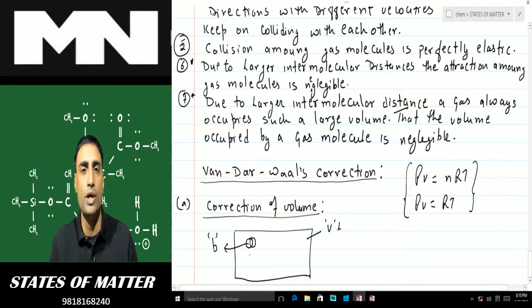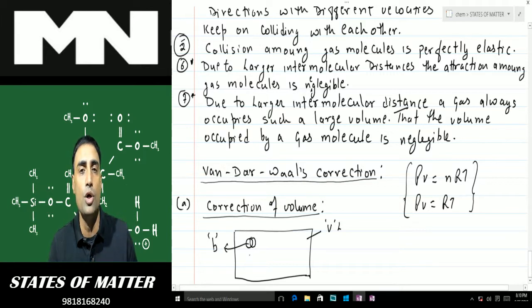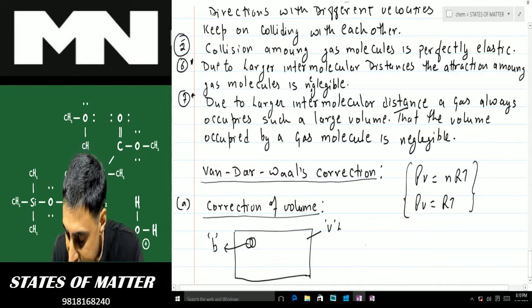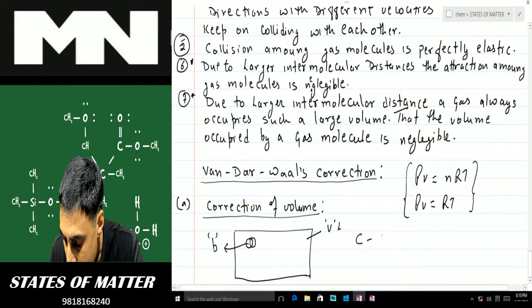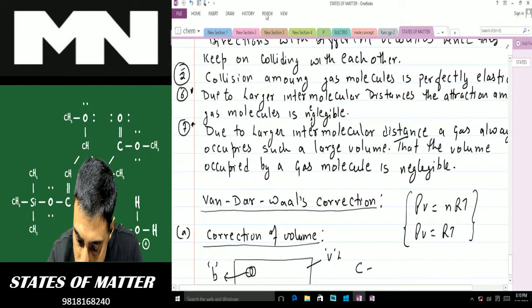Whereas according to Van der Waals, it is correct only when the volume of the gas is very large. However, if the volume of the gas is lesser, we cannot neglect the volume occupied by a gas molecule. So the volume available for a gas molecule to move is actually V minus B. So we'll see that.